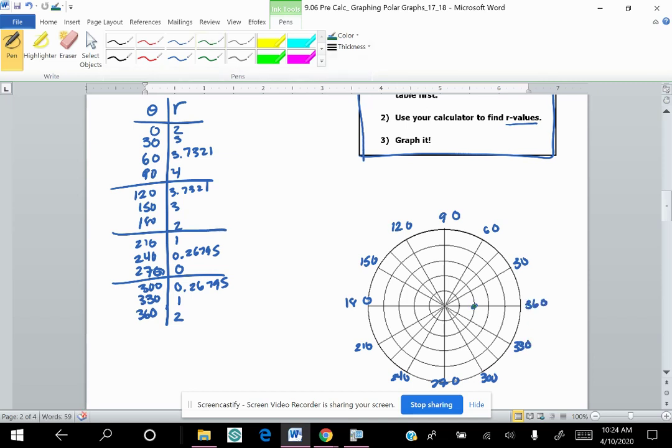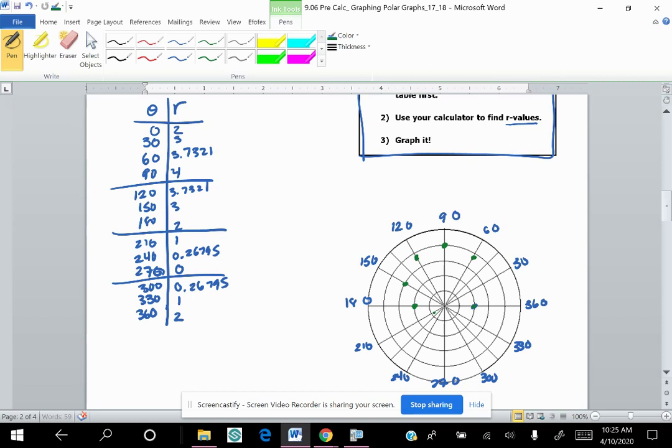Okay, so we go out 2 circles. Now at 60 degrees, we're going to go 3.7. So 1, 2, 3, and more than a half, closer to 4. At 90, we're going to go a full 4. And then at 120, again, we're going to go 1, 2, 3.7. So we're just approximating. 150, we're going 1, 2, 3 circles out, and 180, we're going to be 2.